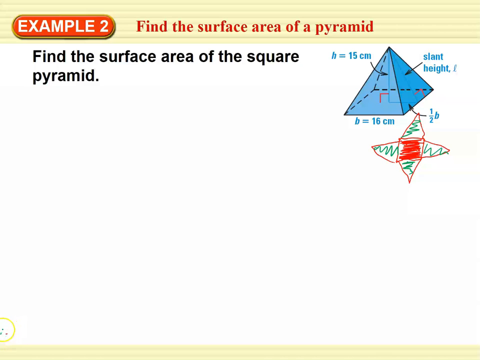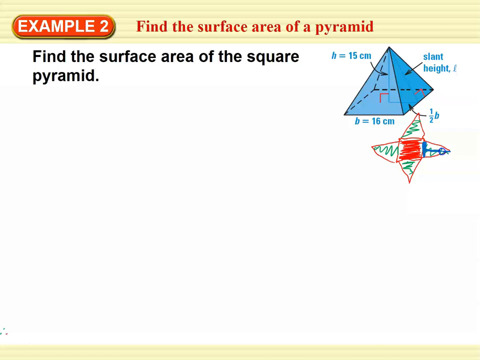Now, this is where we have to pay attention to that difference between the height versus lateral height. When we're talking the area of this triangle, we need the base of this triangle times the height of this triangle, and then divided by 2.